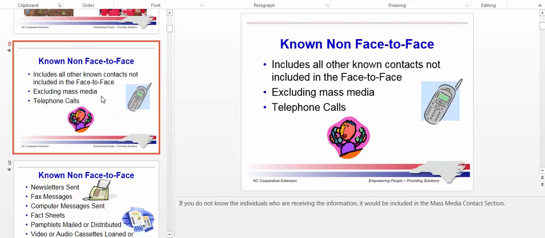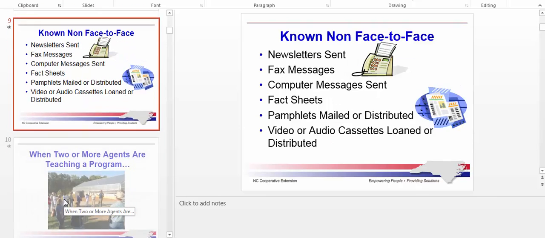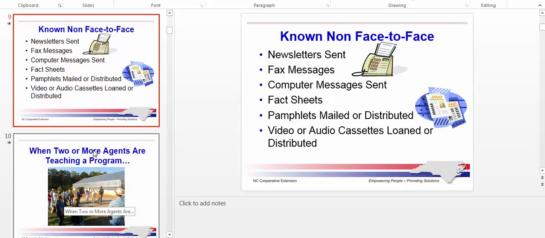Known non-face-to-face includes all other known contacts not included in the face-to-face, and it does exclude mass media. So this would include telephone calls, newsletters, fax messages that you send or receive, computer messages sent like emails, fact sheets, pamphlets mailed or distributed, or video or audio cassettes loaned or distributed.